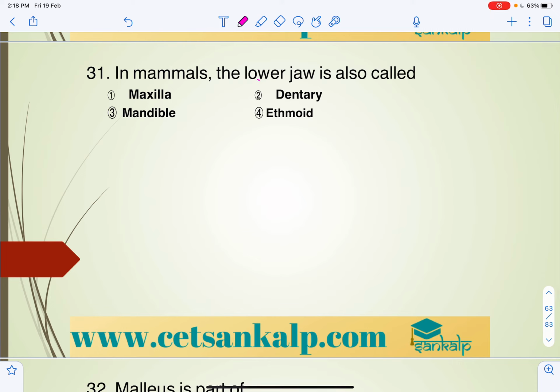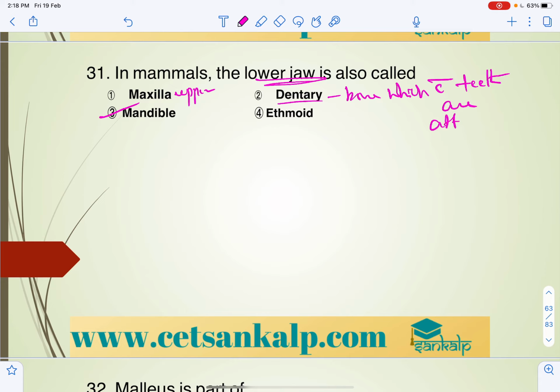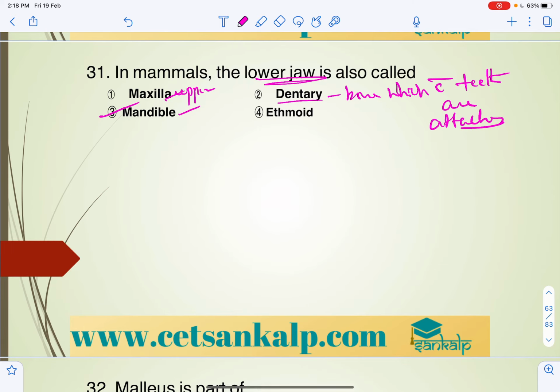In mammals, the lower jaw is also called the mandible. Maxilla is the upper jaw. Dentary means the bone to which teeth are attached, which is present in both maxilla and mandible, right. So dentary is the bone to which teeth are attached.